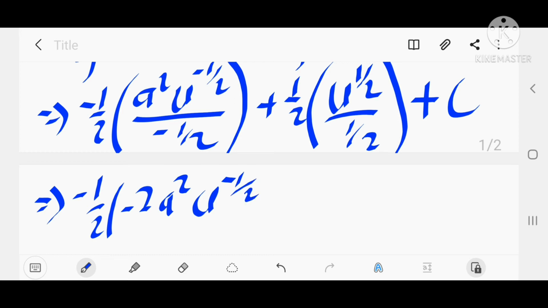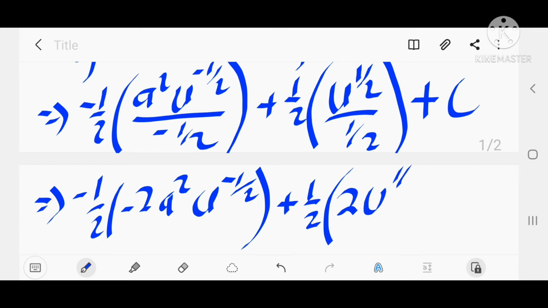If you simplify it, that's what you get, then plus half of the same thing here, 2 u exponent half, plus c. This goes off.